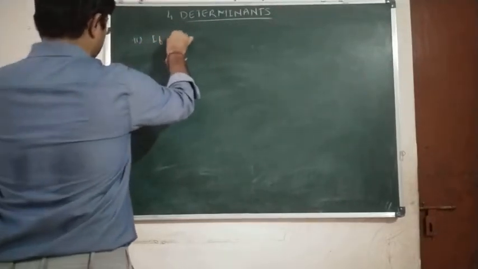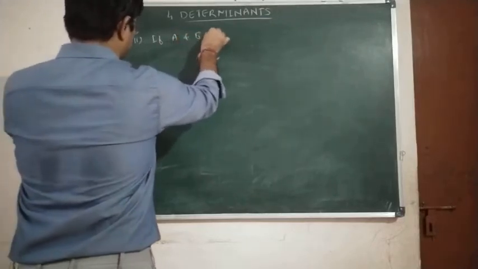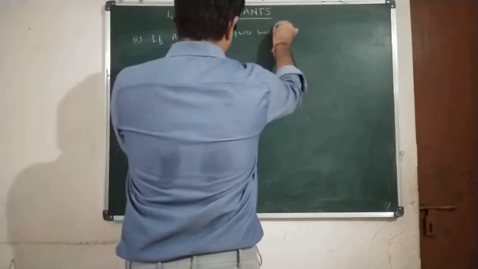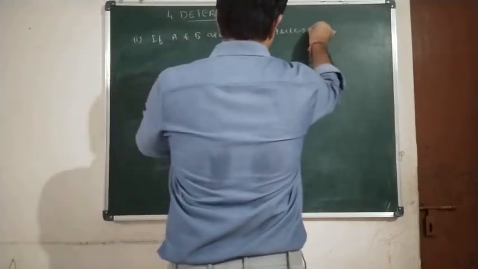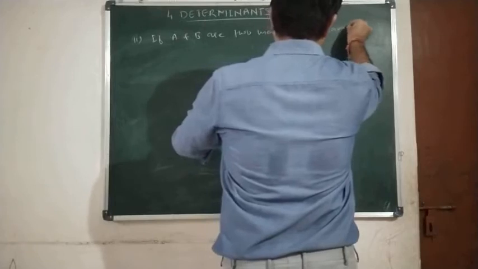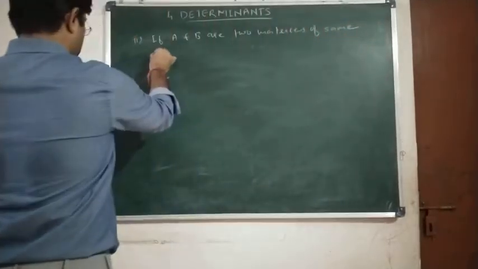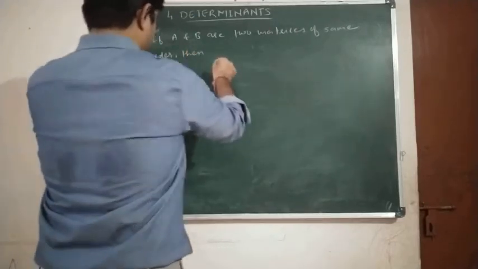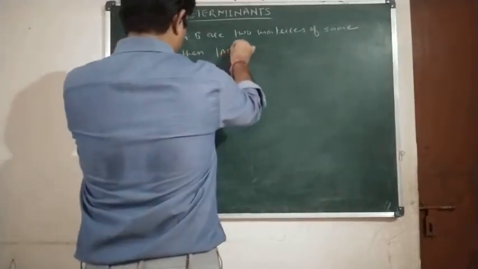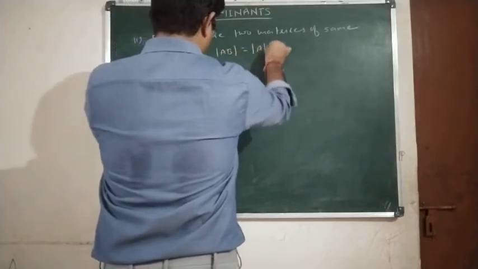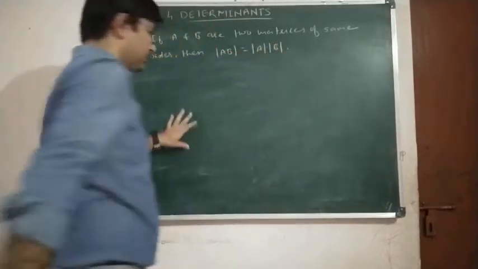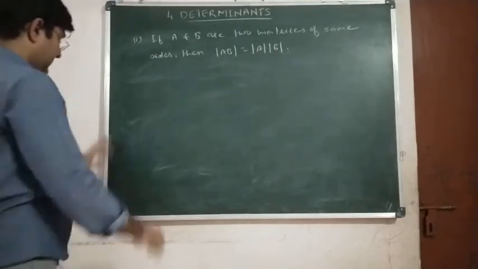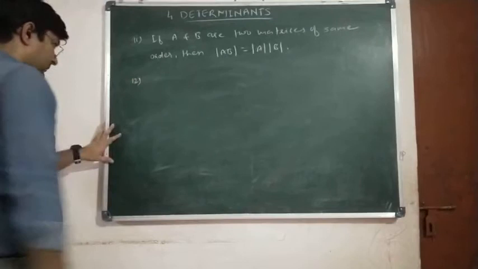If A and B are two matrices of same order, then determinant of product AB will be equal to determinant of A into determinant of B. Clear? This is property number 11. And then we have property number 12.